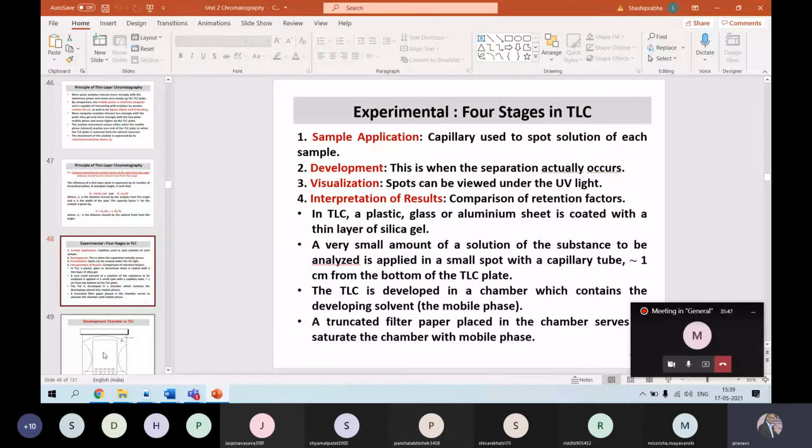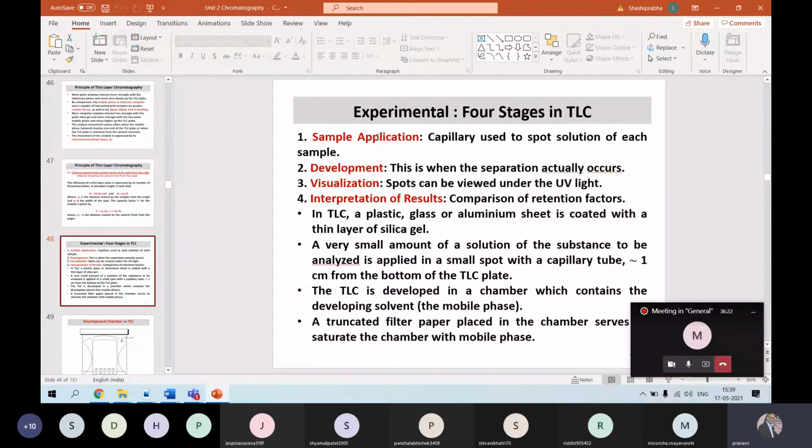Now, as far as the experimental part goes, there are 4 stages in which you carry out TLC. And those 4 stages are sample application, where you apply the sample with the help of a very narrow bore capillary on the TLC plate, and then you dry that plate.